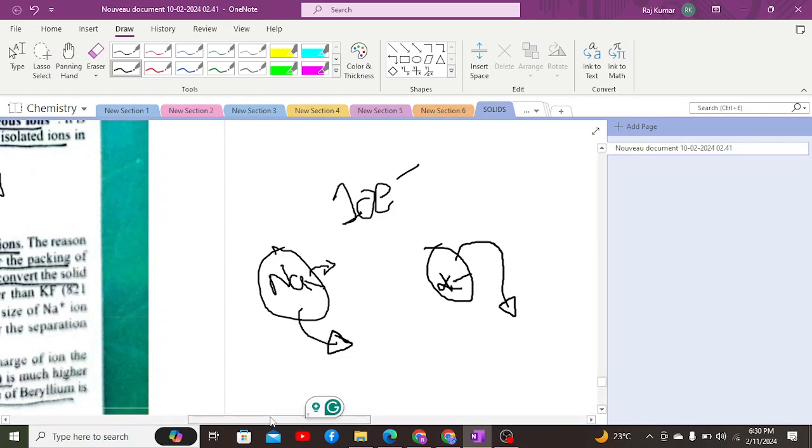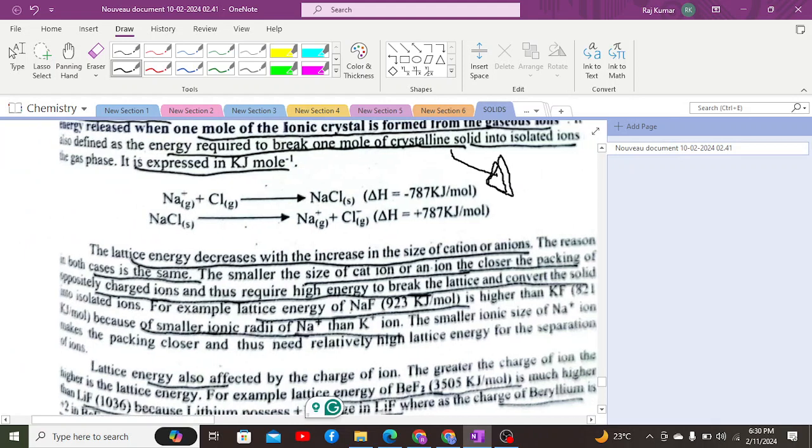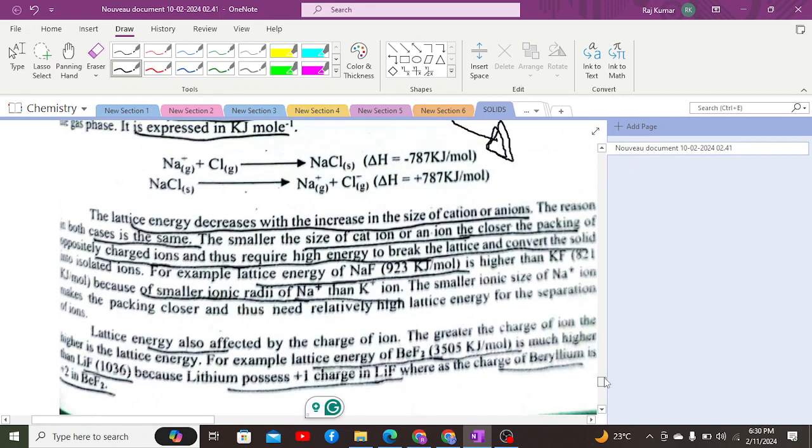So this is the reason, and the examples are sodium fluoride at 923 kilojoule per mole and potassium fluoride at 821 kilojoule per mole.